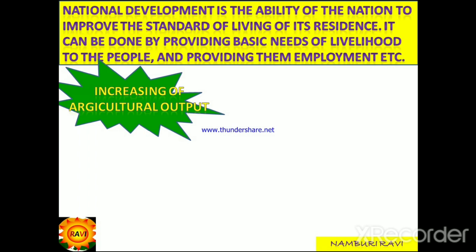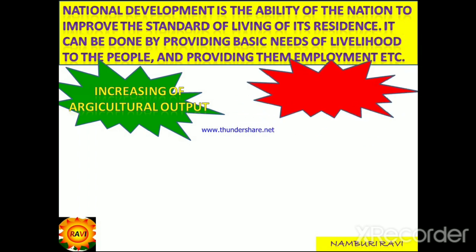Thus they are producing a large quantity of crop production. So that is the best example of increasing agricultural output. This is one important criterion for the calculation of development of a nation.